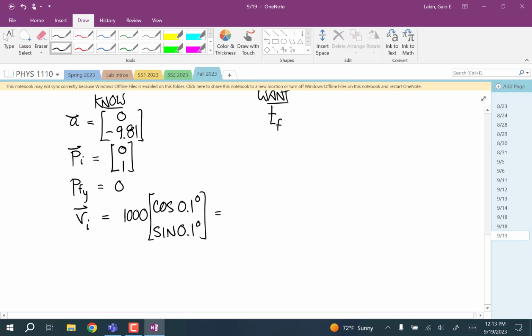And that is 999.998 for the x component. So I'm just going to call that 1,000 for the x component. And the y component is 1.75.